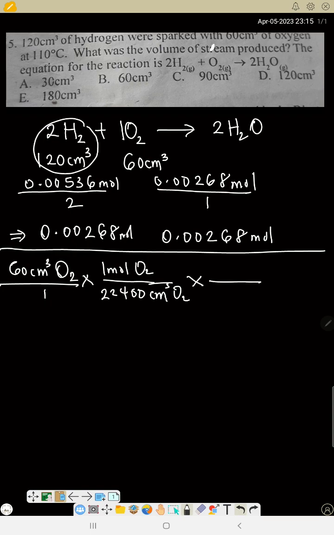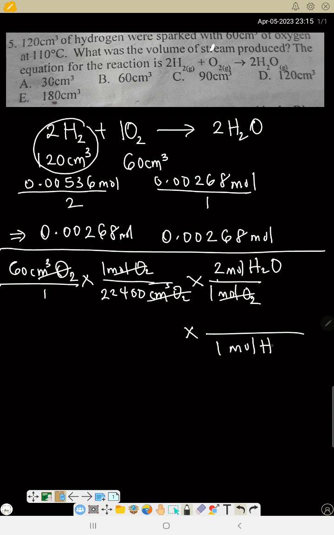Times, switch now because we need oxygen and water. So 1 mole of oxygen will give 2 moles of water. So mole of oxygen will cancel out. The last one is 1 mole of water will give 22400 centimeter cube of water. So mole of water will cancel out.